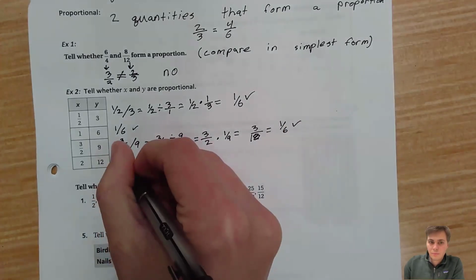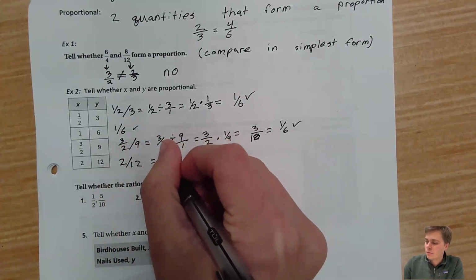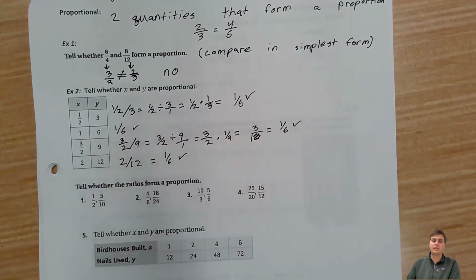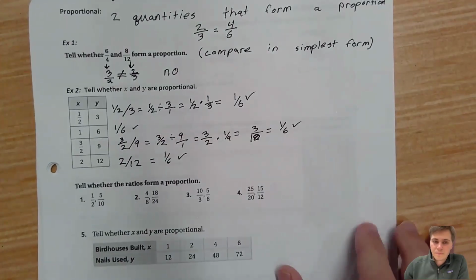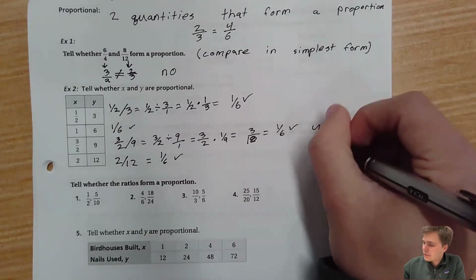And now, last one, 2/12. That simplifies down to 1/6. So these all simplify to the simplest form being the same. All right, thus, yes, proportional.